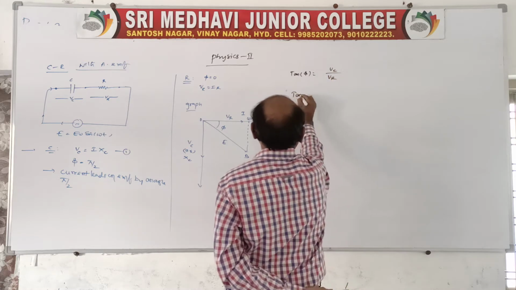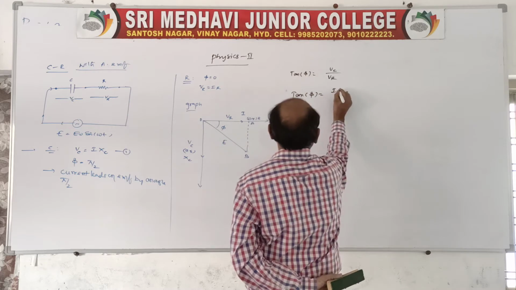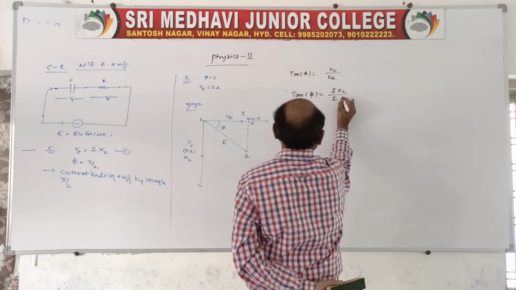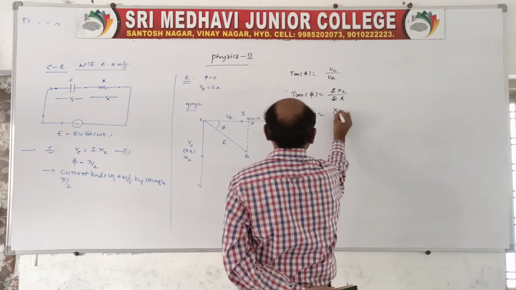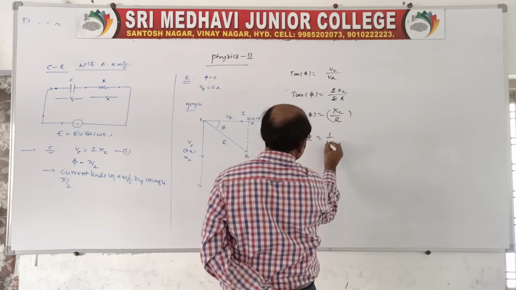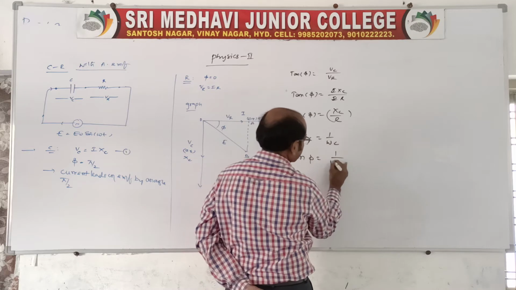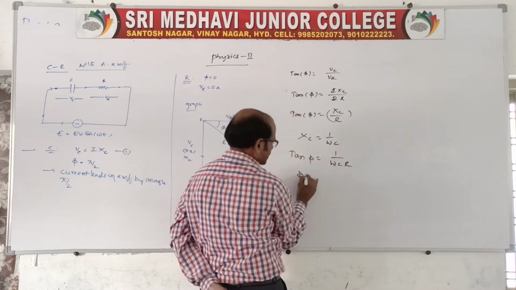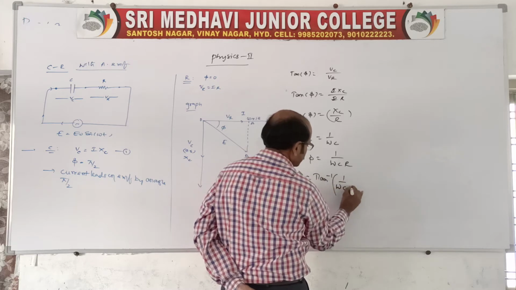So, tan φ is equal to VC, which is I into XC, by I into R. So, tan φ is equal to XC by R. XC we know is 1 by ωC, then tan φ is equal to 1 by ωCR, then φ is equal to tan inverse of 1 by ωCR.